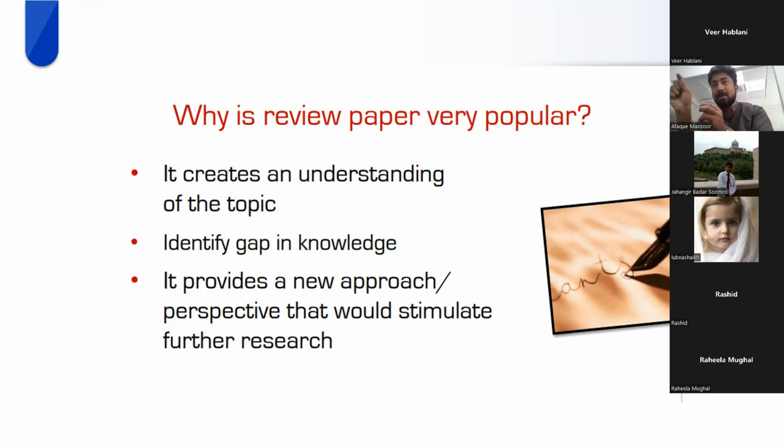So you can just go to the citation, search the paper title, download it and start reading that article. So it's not only that you will go through the review article, rather through the review article you will actually jump to many research papers that have been highlighted in it, and then it provides a new approach or perspective that would stimulate further research.